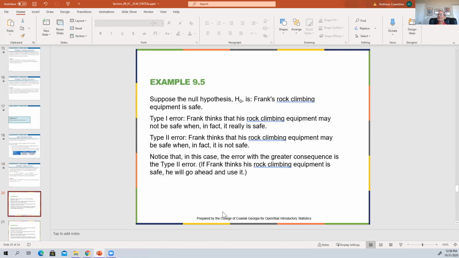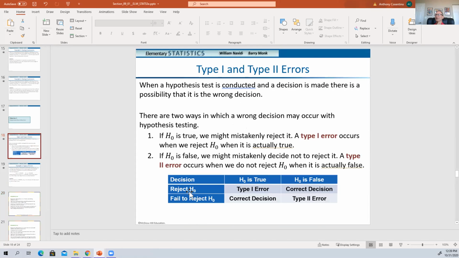A type 1 error would be Frank thinks his rock climbing equipment may not be safe when it actually is safe. So if you go back to the table, in the type 1 error he rejects, but the correct decision is that it's actually true, right?